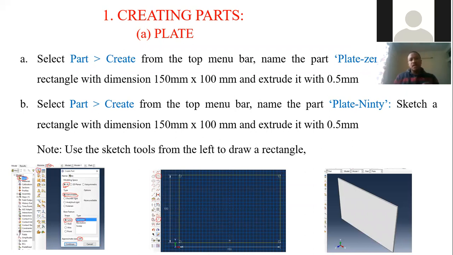So the plate dimension is already given, and the stacking sequence of the composite plate is already specified, so we will create plates of dimension 150 by 100, and the thickness of each lamina. Here the plate is a lamina actually. In the case of isotropic material, we used a single plate, so we call it a plate.